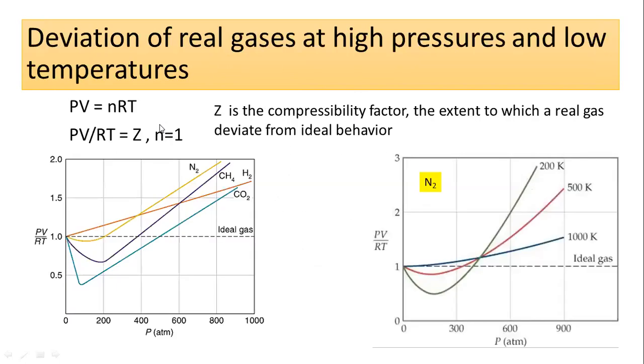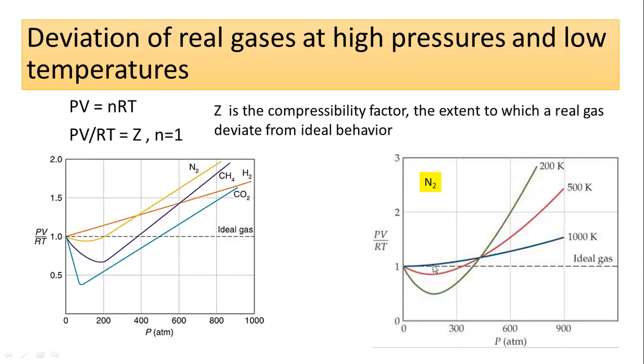At low pressure and high temperature, the deviation is less. Look over here, this was the same graph for nitrogen. Again there is a small deviation at low pressure, but if you further increase the temperature, this line is followed more, up to this pressure.